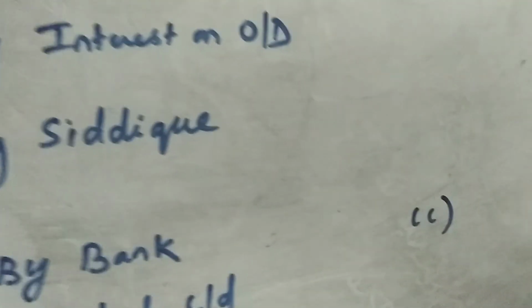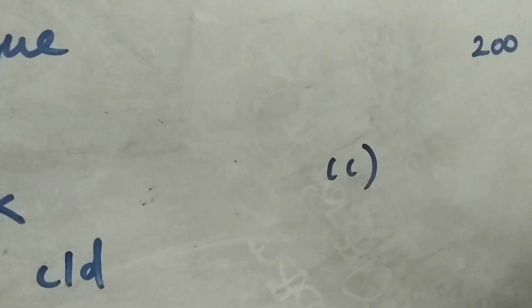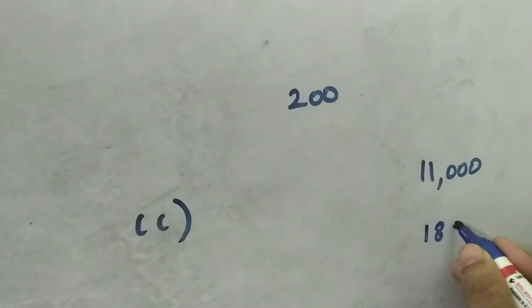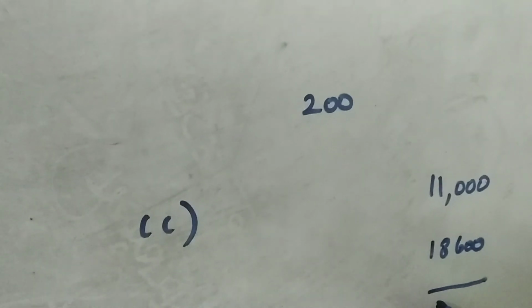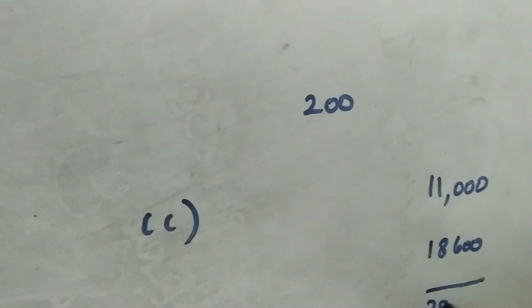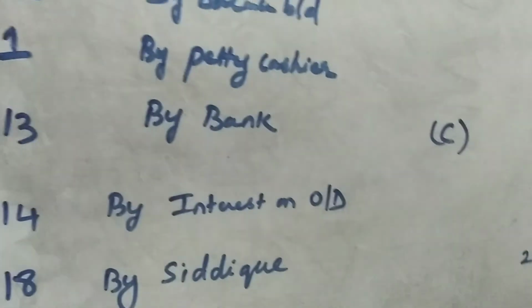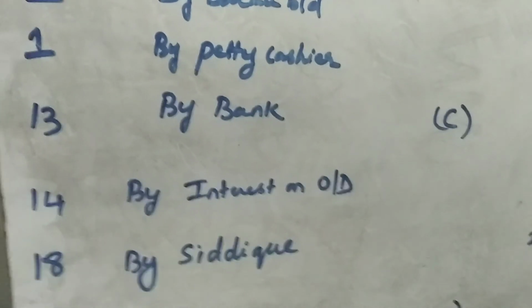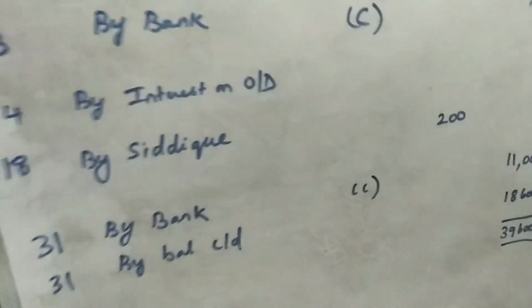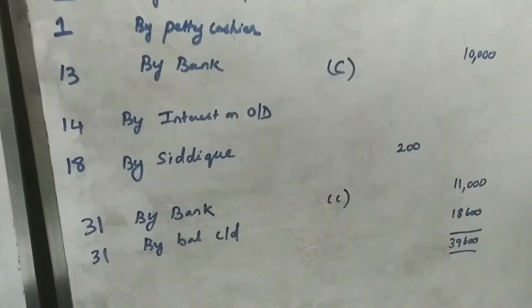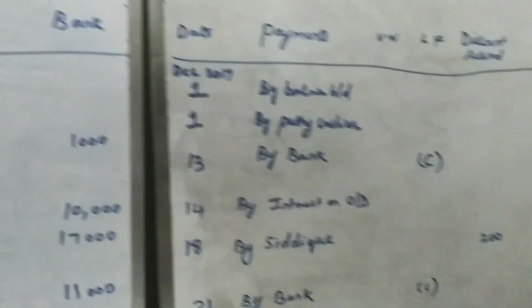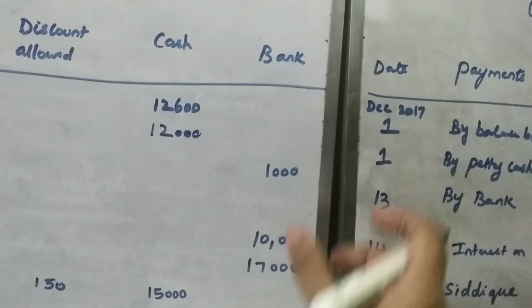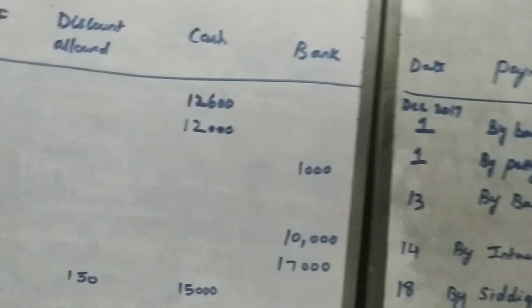In the cash column you will put 18,600 and make both sides 39,600. Able to understand this?